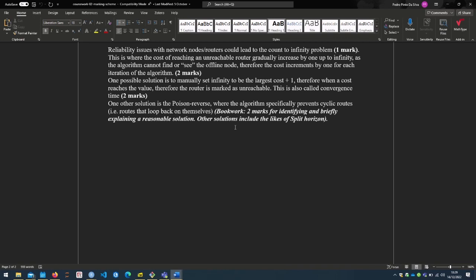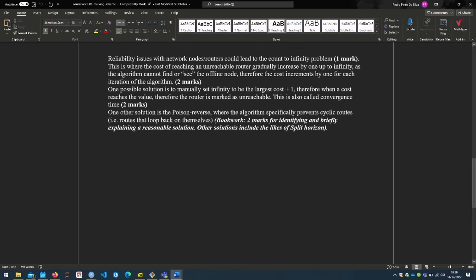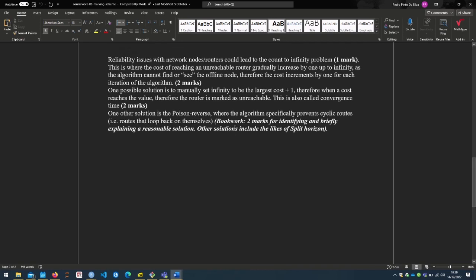One other solution, which I don't think was covered in the lecture, since the point here was for you to look in the book or online and figure out what approaches can be used to address this problem, is known as poison reverse. The algorithm prevents cyclic routes, so routes that loop back to themselves. But this is bonus material. You're not really expected to know this for the exam.